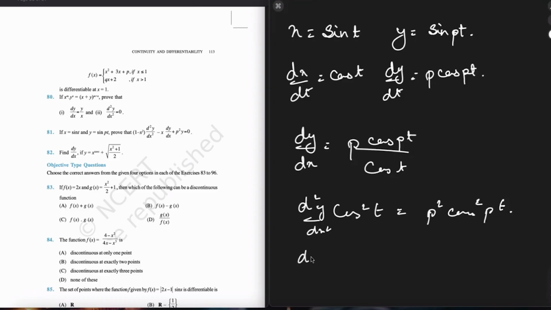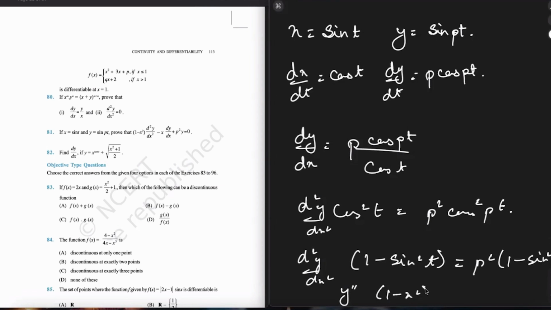Now d2y upon dx square can be written as 1 minus sin square t is equal to p square (1 minus sin square pt). ठीक है, so y double dash (1 minus x square) is equal to p square (1 minus y square). What did we have to prove over here? 1 minus y double dash. Okay, there's still work to do.